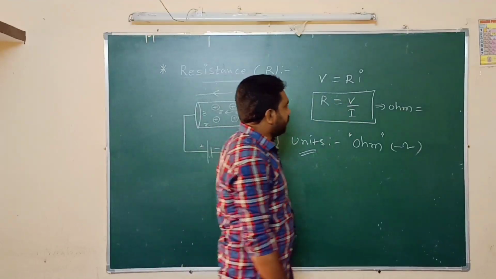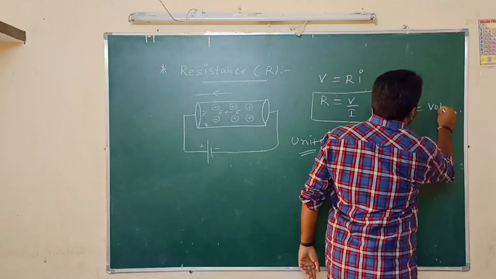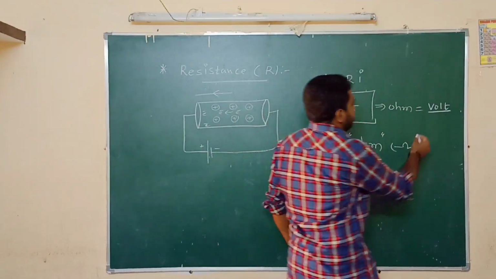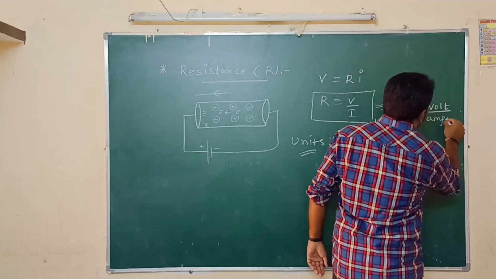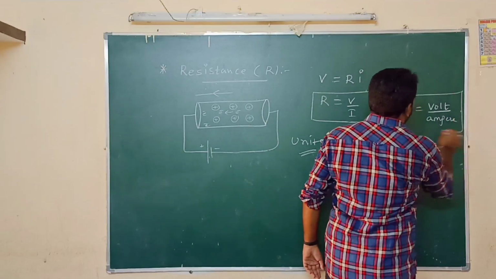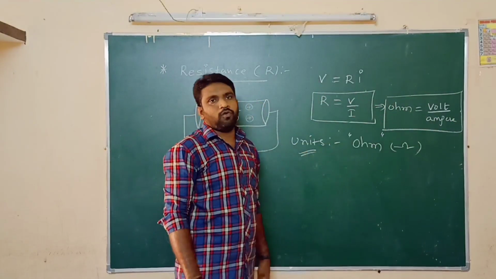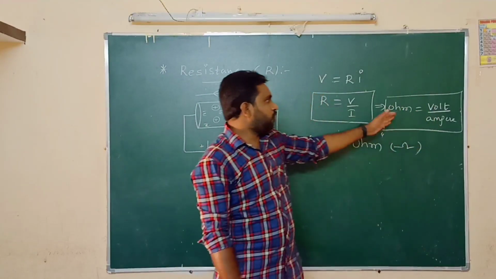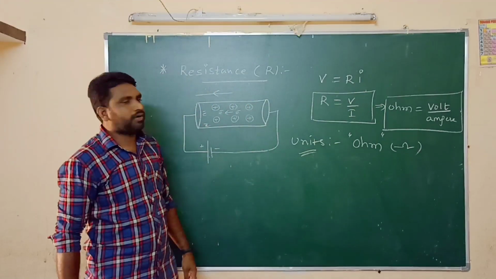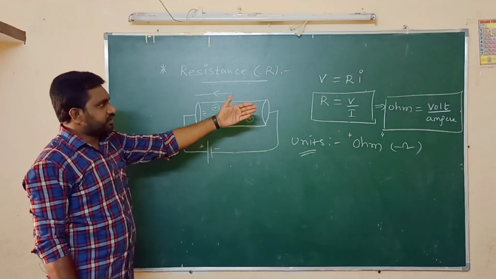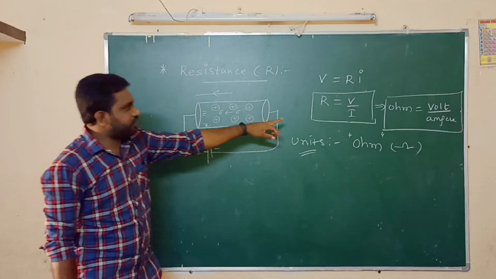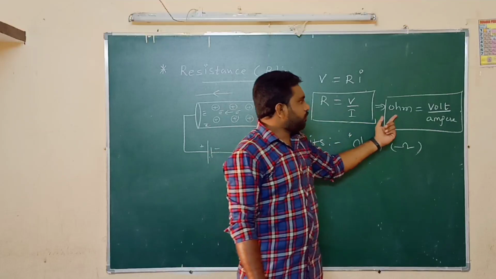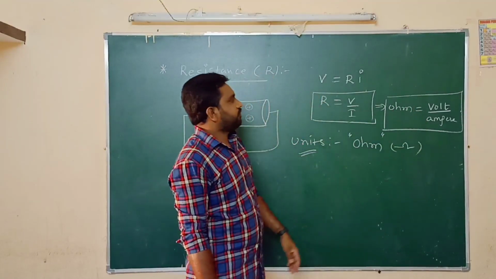The SI unit of potential difference is volt. I means current, which is measured in amperes. In this way we can define ohm. 1 ohm equals 1 volt per ampere. 1 ohm is the ratio between 1 volt and 1 ampere. This is the SI unit of resistance.